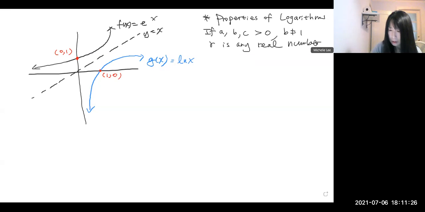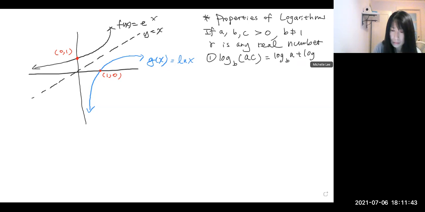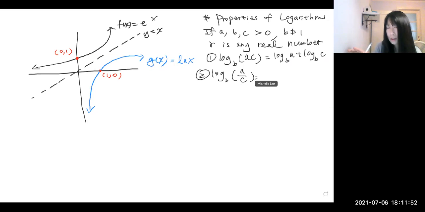The first one, log base b of AC. It's a multiplication, then we can split into addition. And the second one, if we have a quotient, then we can split into subtraction.